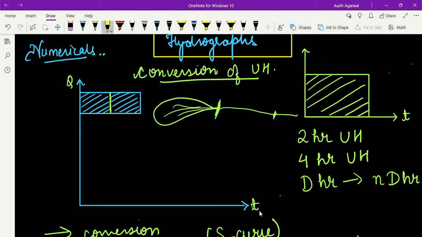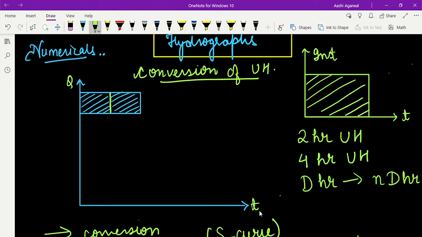Now, imagine that this is an axis on which I am going to plot the hydrograph. If you remember, there is a term that we have discussed that is called hyetograph. The hyetograph basically tells you about the intensity of rainfall versus time.